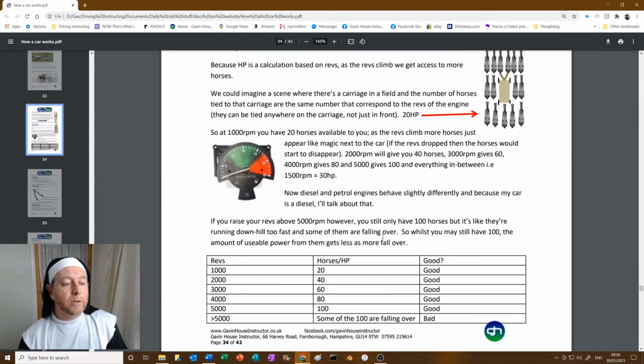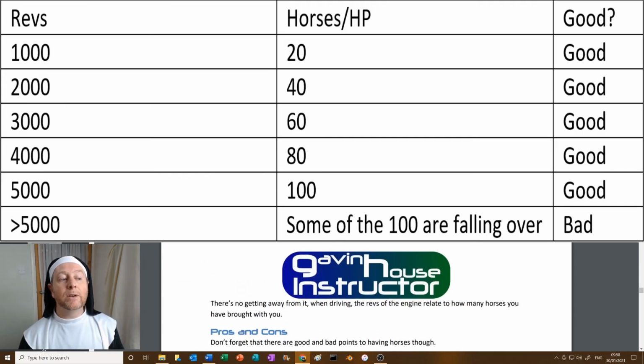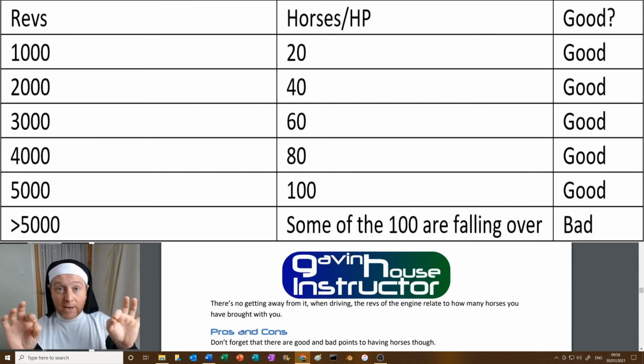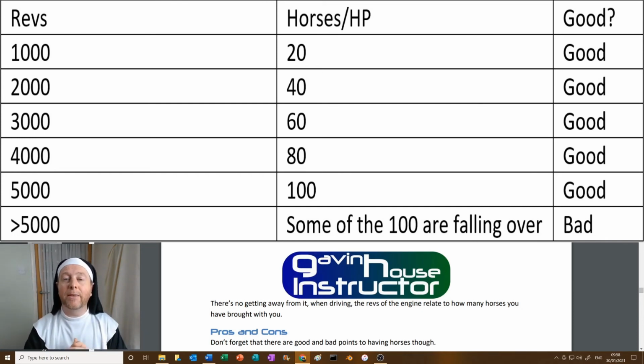So if I was at 1000 RPM, I have 20 horses, but I would only push my foot halfway down on the accelerator to move 10 to the front of the car, and that would beat everything I need. Of course, I could come down the road at 5000 RPM and have 100 horses. But why bring 100 if I only need 10? I'm just burning extra fuel, making more pollution, making more noise.